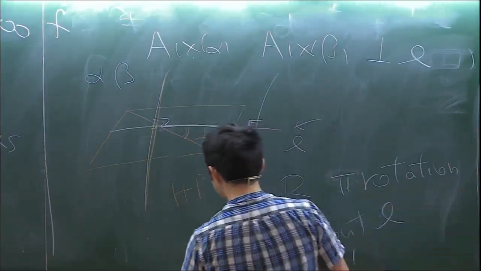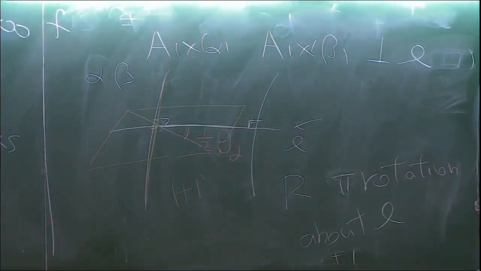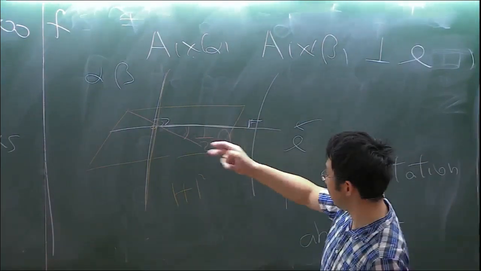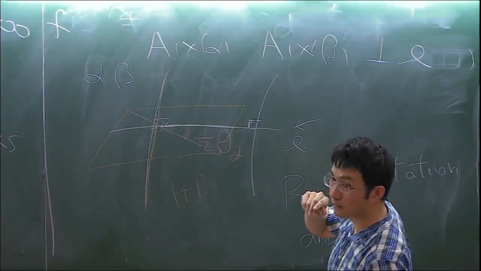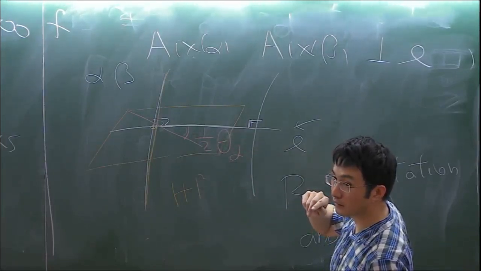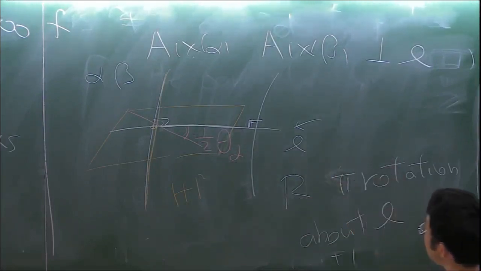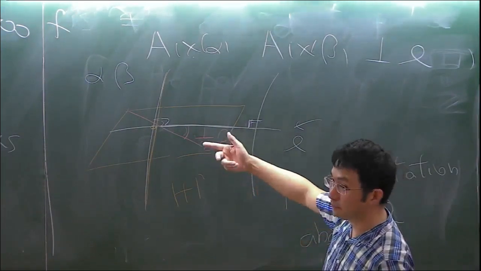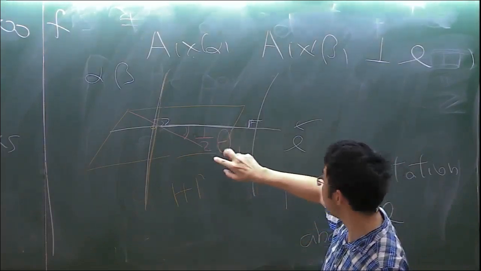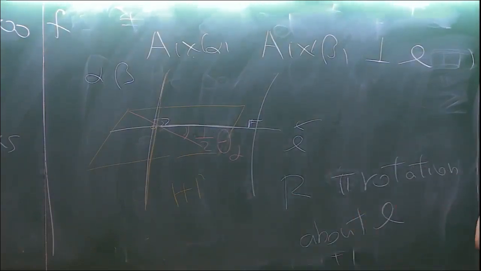Okay. And then take the vertical plane. Yeah, just pi rotation along this axis. Okay. So you can decompose alpha.